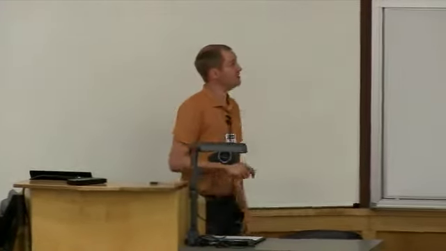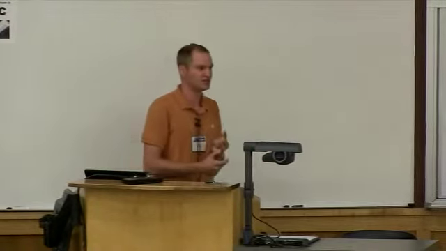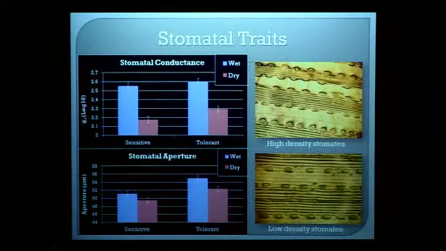All right, so let's move on into some of the above ground traits that we measured. First of all, we had the stomatal traits. We measured stomatal conductance through the use of a leaf porometer. And we also took measurements on stomatal density as well as aperture. The density, some of the pictures that you see here, didn't really give us a significant difference between the two groups.